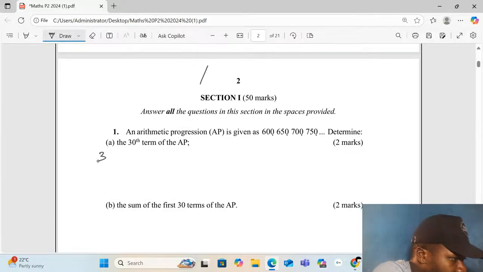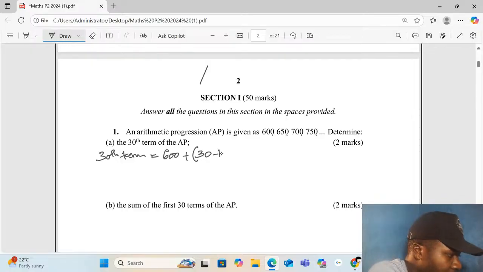Now the 30th term will be equal to the first term, which is 600, plus bracket 30 minus 1. We know the formula: nth term, n minus 1, times the difference, which is 50.